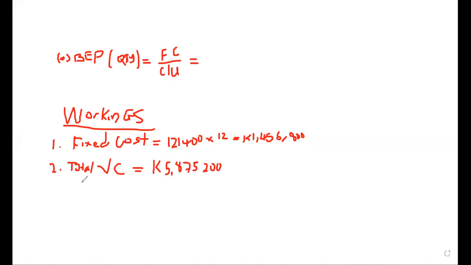Okay, so these are our total costs for the year 2021. So working number 3, we should know now the variable costs per unit.